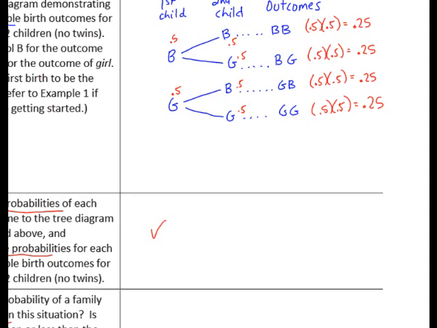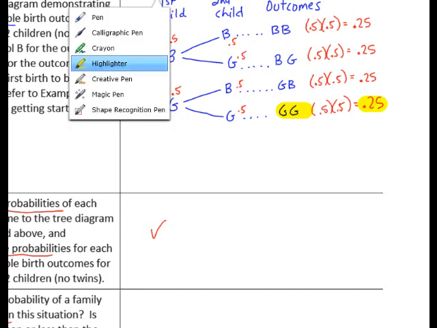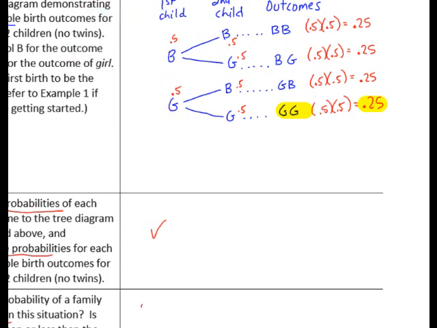Okay, the probability of girl, girl. So the outcome is listed right here, and the probability is 0.25. And let's write that out with a sentence here. We'll say the probability of girl, girl is 0.25.